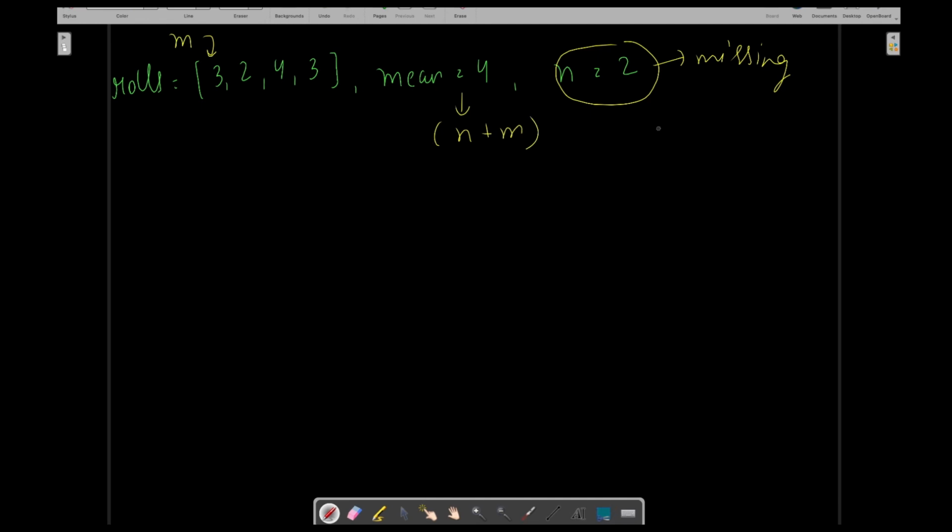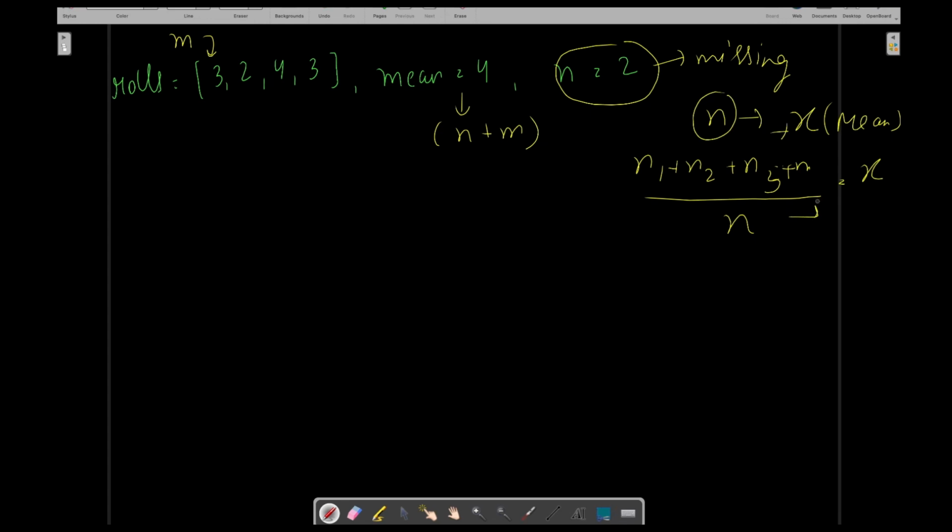Let's say we have n numbers, n1 plus n2 plus n3 till n, and their mean is x. What does it mean? It means n1 plus n2 plus n3 till n, divided by n, is equal to x. This is the mean.